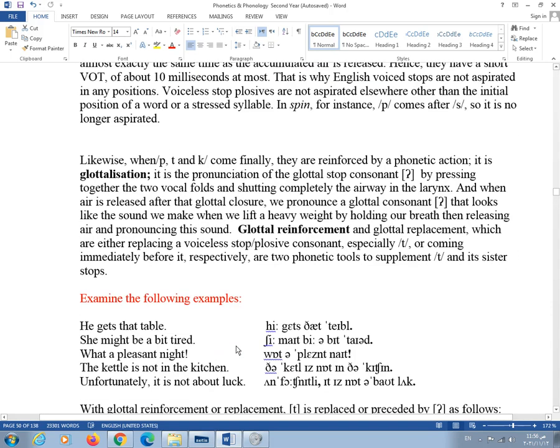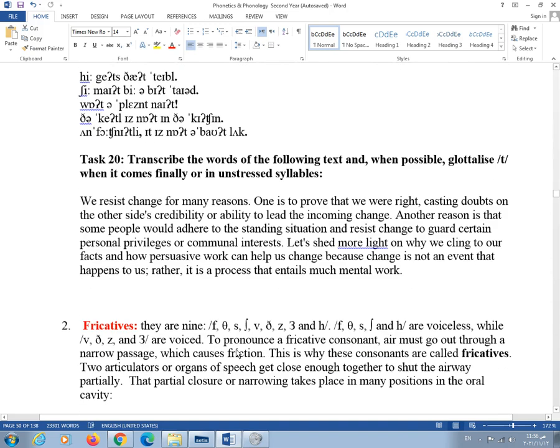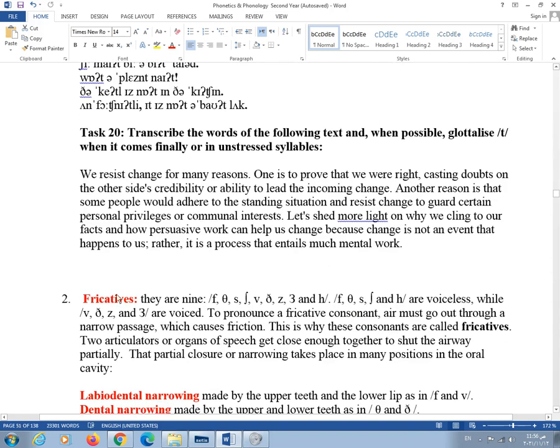Transcription and the second category of consonants, we have fricatives, and as you see, they are 9. 5 of them are voiceless, and 4 of them are voiced, and they are as follows. We have f, th, s, sh, v, z, zh, j, and h.